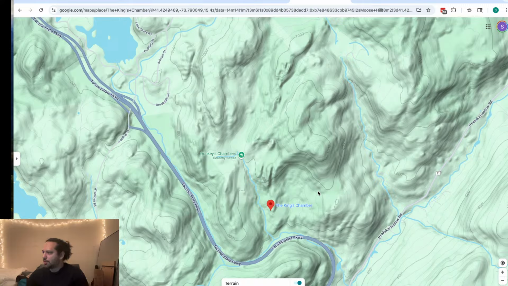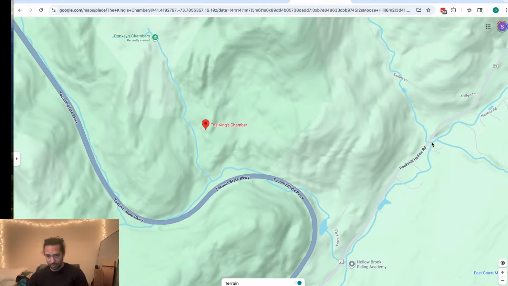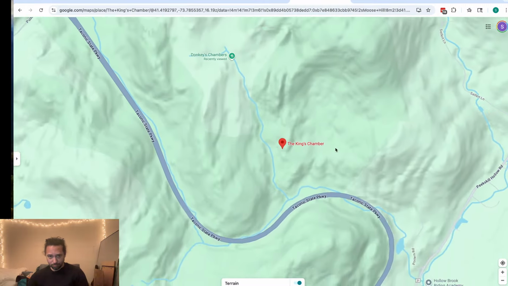I will note that there are two junctures of creeks, four maybe if you count these two, around this area. So this would be a nice defensible outcropping in the landscape. Like, look how high that Moose Hill is. So it's possible.